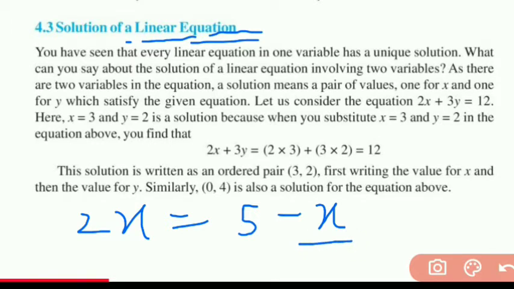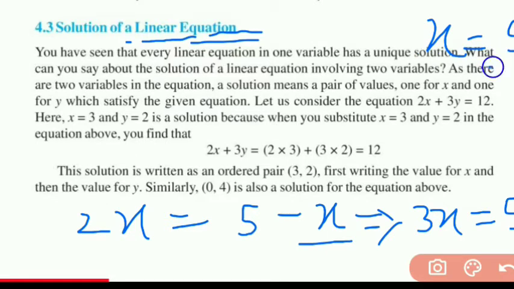It is negative, so when you transpose, the sign will change: 2x + x = 3x. So 3x = 5, so that x = 5/3 is the answer, by cross multiplication. This is the way to solve a linear equation in one variable.